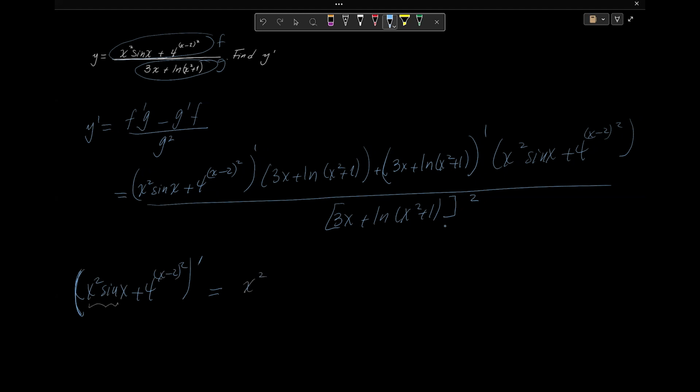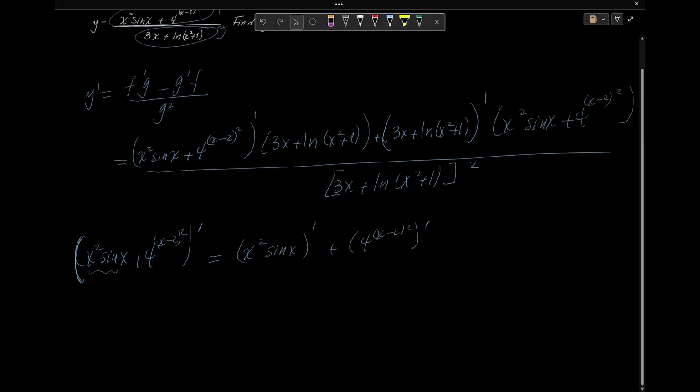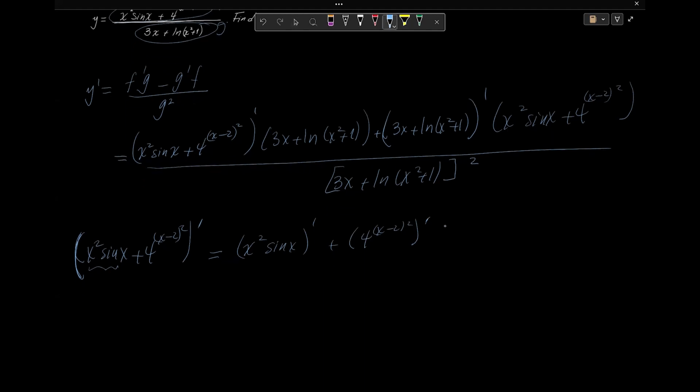So let's write it out. All right. Let's look at the first one. What do we have on the first one? You've got an x squared and a sine. This is like a product rule. So this is w, this is k. So the derivative of this is derivative of the first times the second plus derivative of the second times the first.